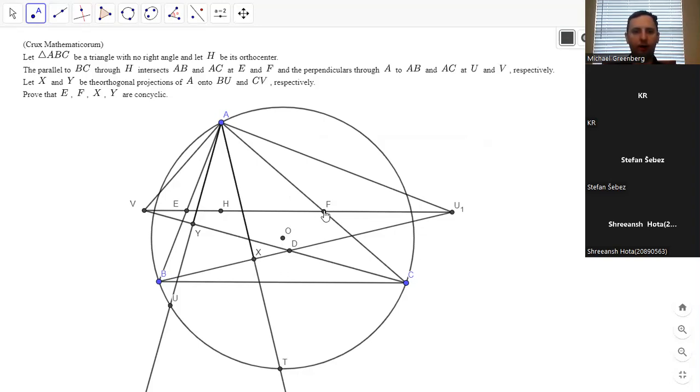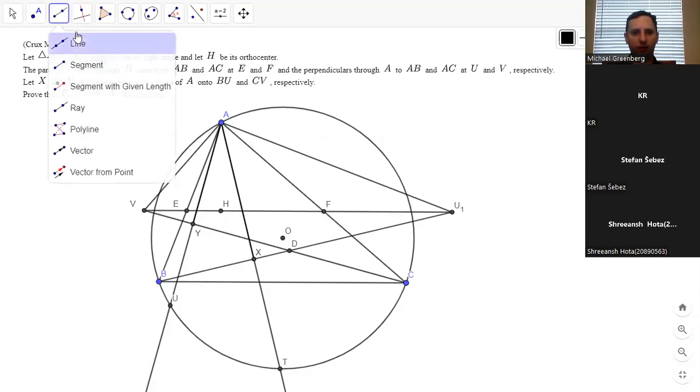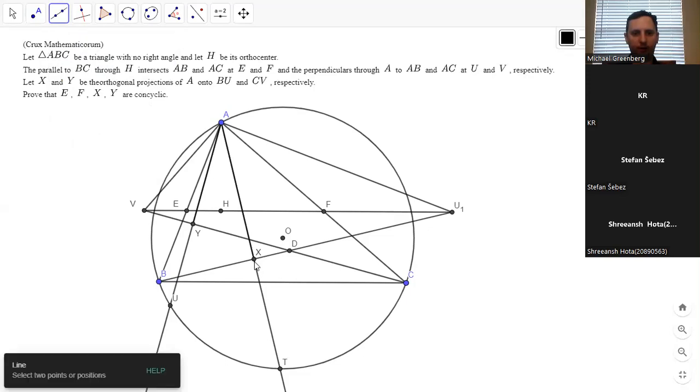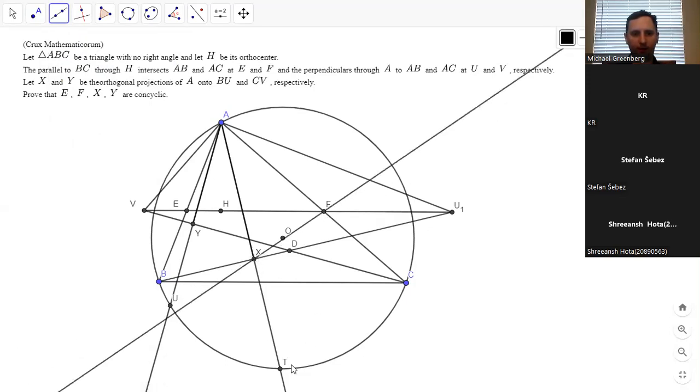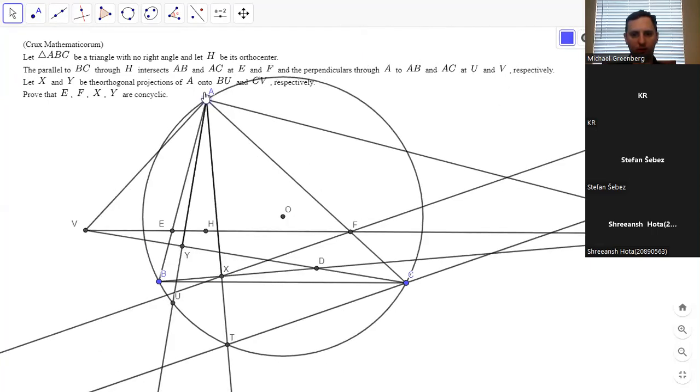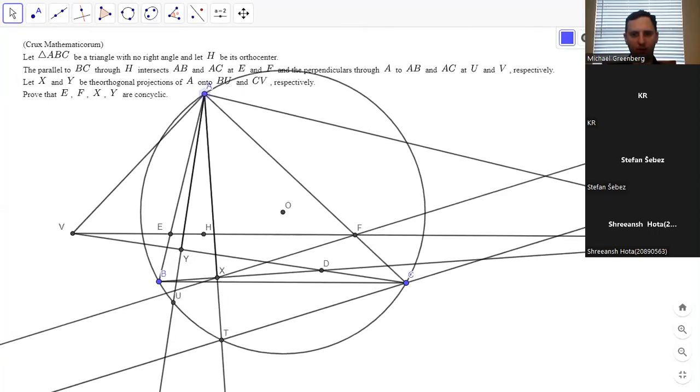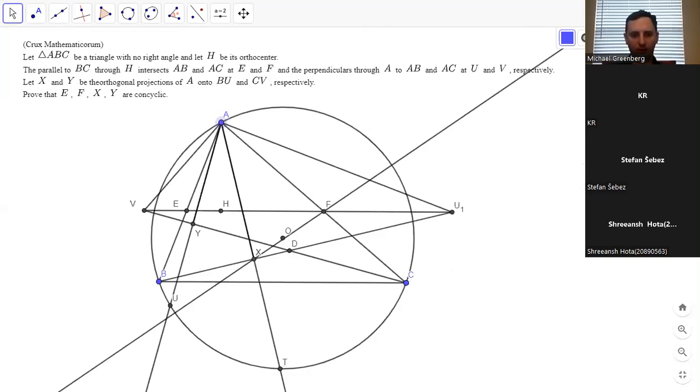Well, we want to show XF is perpendicular to AC, right? Oh no, I'm sorry, we wanted to show that DF is perpendicular. So we want to show XF is parallel to TC. That's interesting.